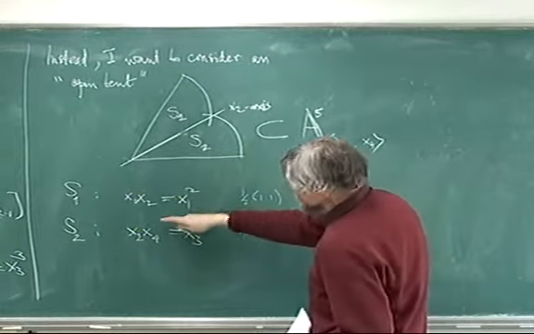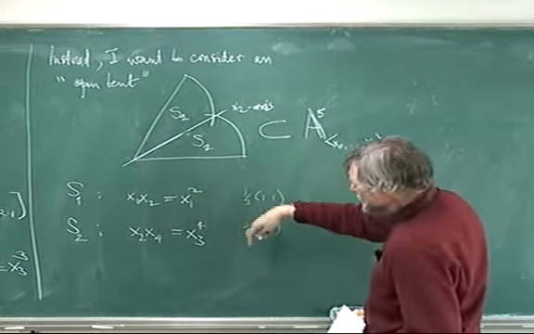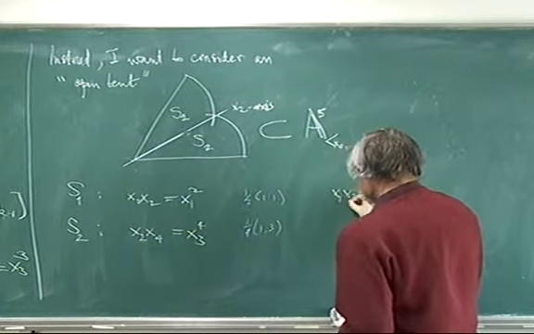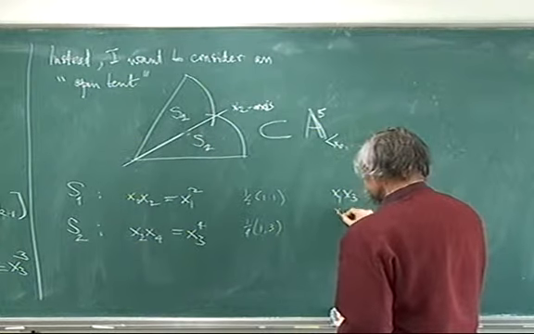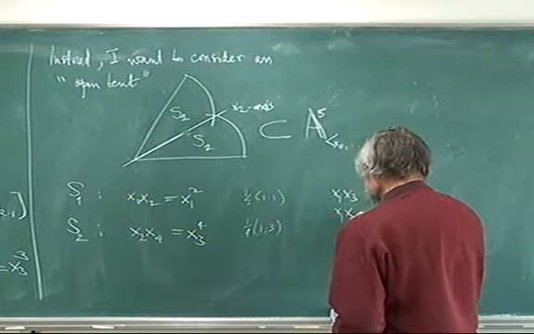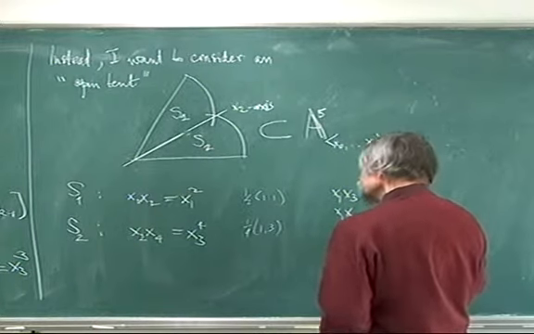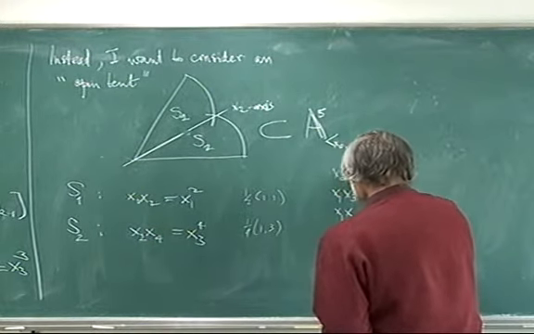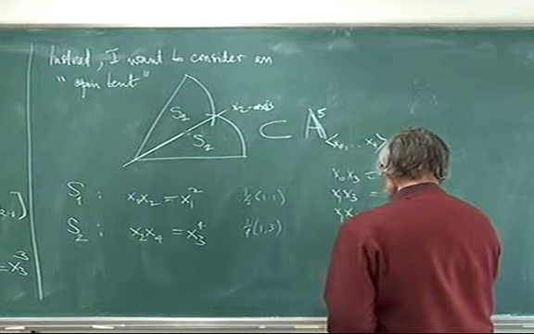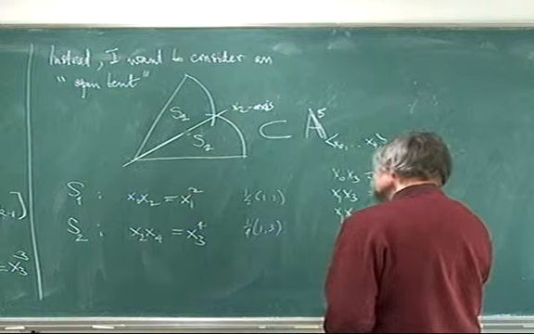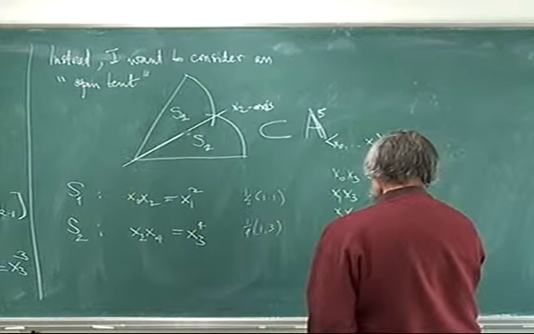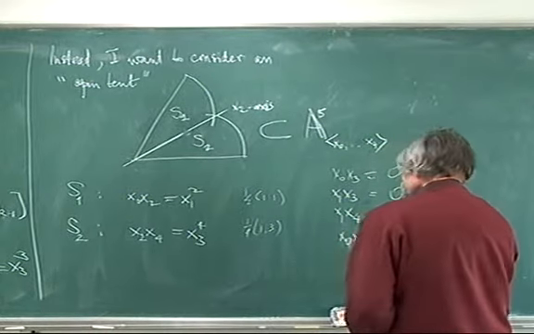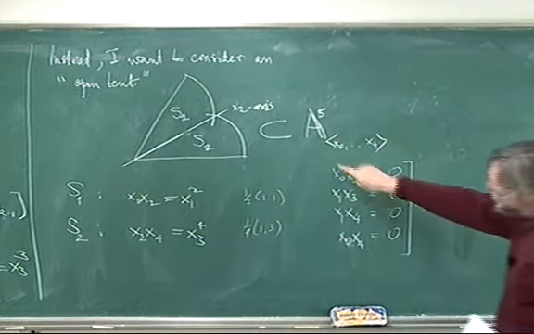In addition to the equations I've written down, which are nice, reasonable equations, I'm also going to write down that all of the ones that are not in the same component vanish, so x0 x3 equals 0, x0 x4 equals 0. Yeah? So I'm in 5 space.